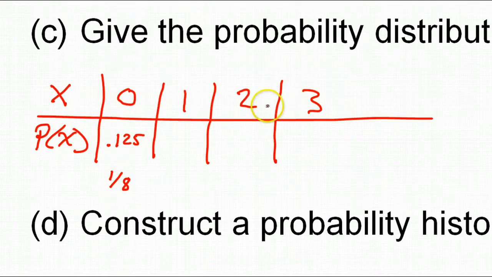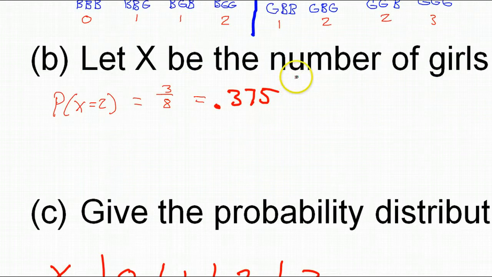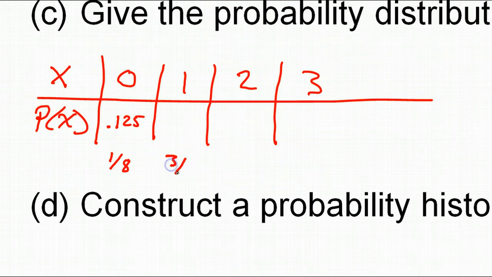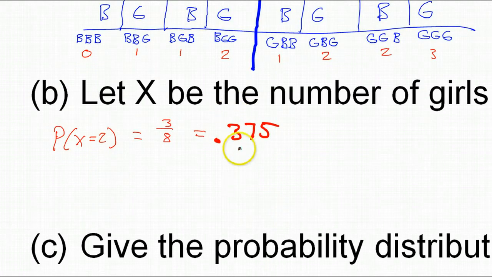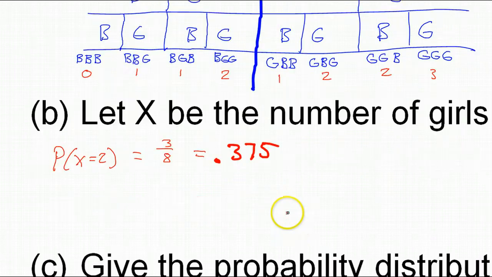Anyway, okay, the probability of having 1 girl, that happened 1, 2, 3 times. So that probability is 3 out of 8, which we just saw was 0.375. Probability of having 2 girls, that happened 3 out of 8 times as well.